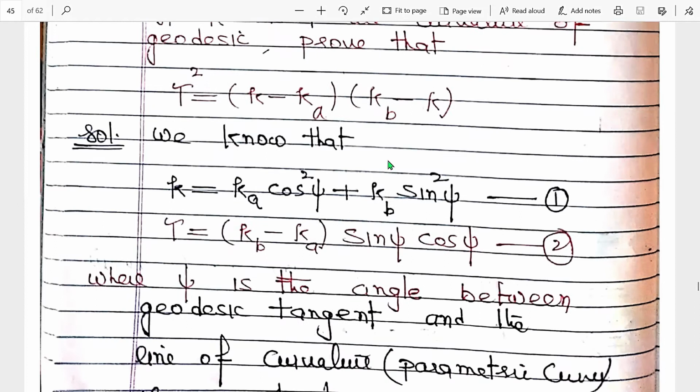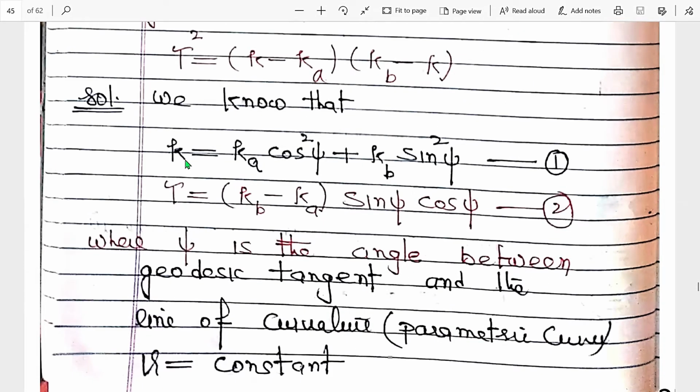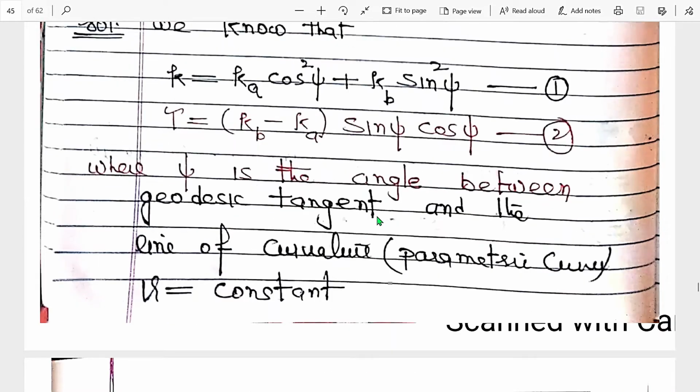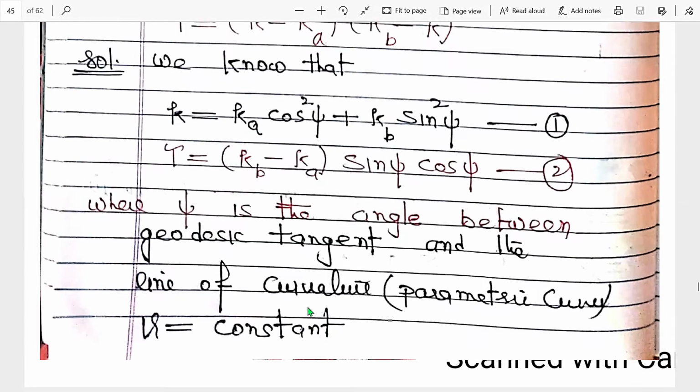Now we know these two results. Kappa is equal to kappa A cos square psi plus kappa B sin square psi. This is equation number 1, where psi is the angle between the geodesic tangent and the line of curvature v equal to constant.